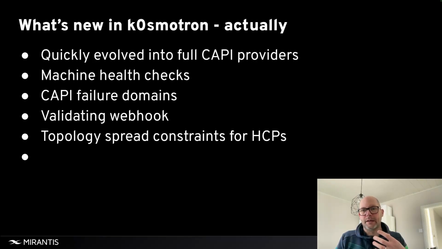With Cluster API, you can basically say that for this provider we have these 3 failure domains available, and then Cosmotron can automatically balance the controller nodes, for example, across the failure domains. So if you have 3 failure domains and you want to have 3 control plane nodes, there's going to be 1 node per zone, right? Or failure domain, which usually maps to a zone in a cloud provider.